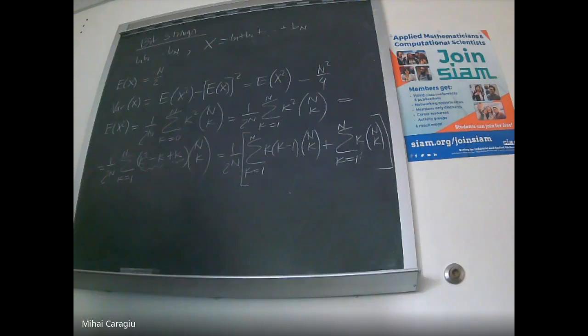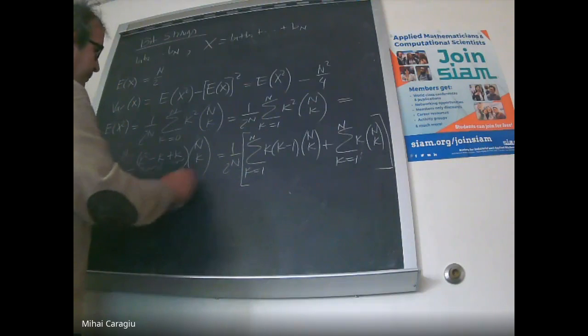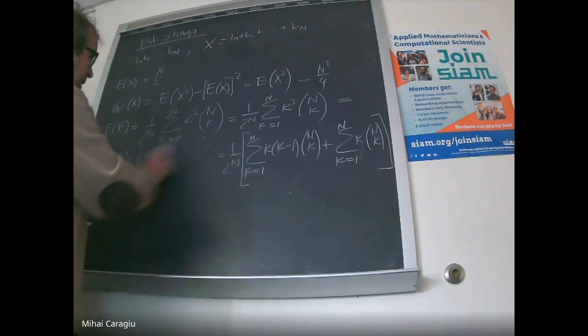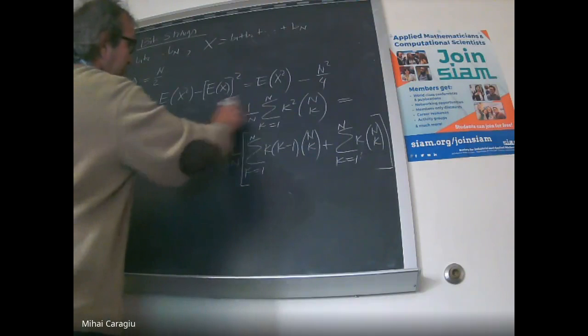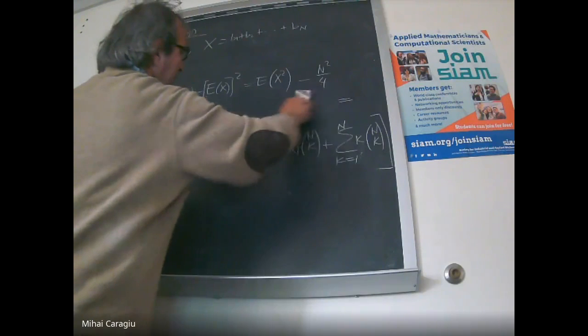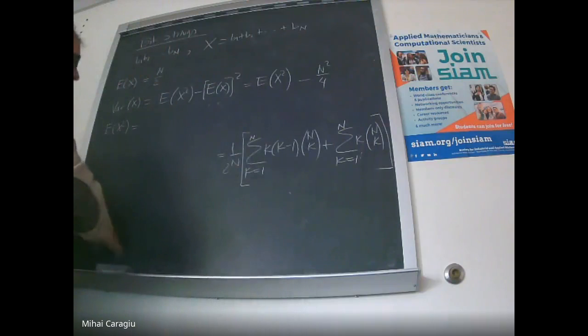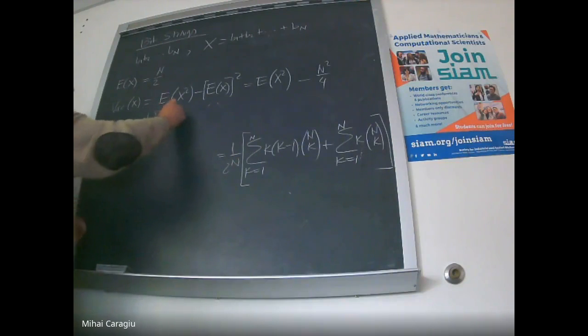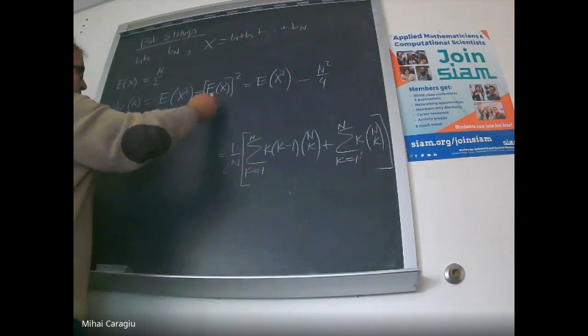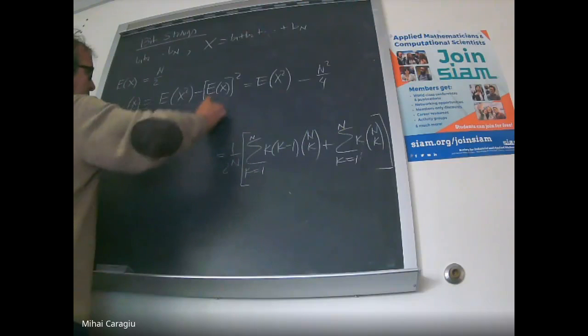Okay, so we have to calculate this one. So let's erase the work and keep the fruit of the work. So the expectation of x squared turns out to be this. Let me copy it here once again: 1 over 2 to the power n, summation from k equals 1 up to n of k times k minus 1 times n choose k.